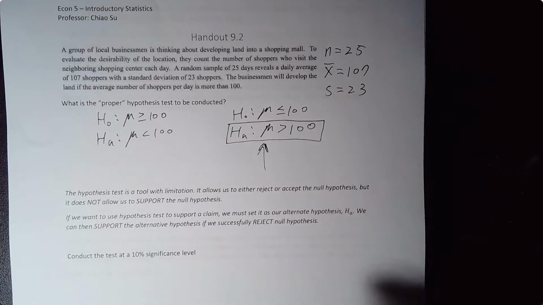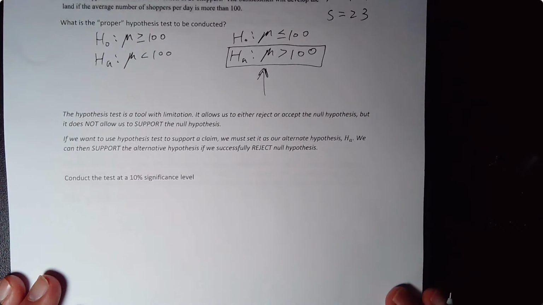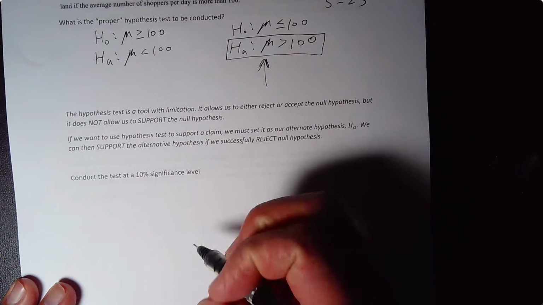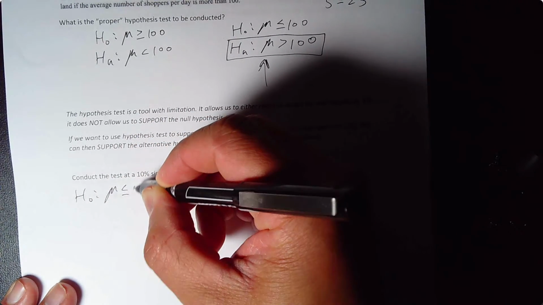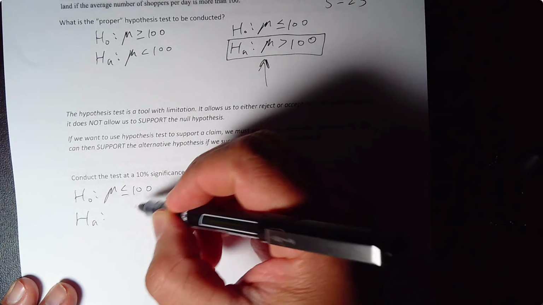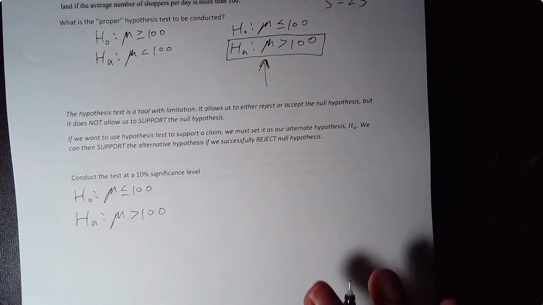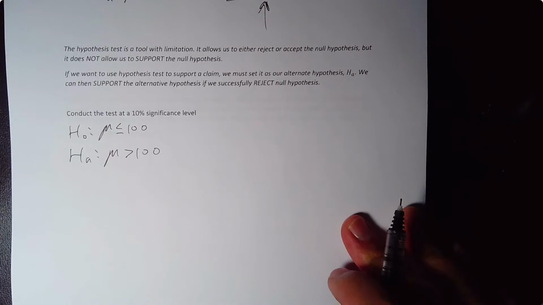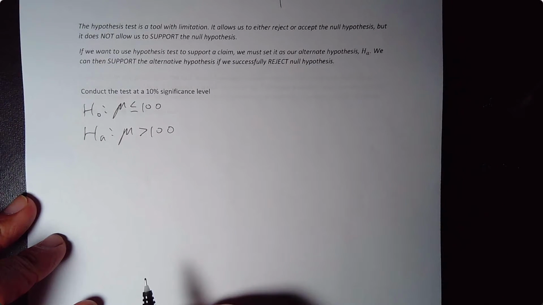Okay, all right. So let's go ahead and finish this hypothesis test. So I'm going to write it down here again. So here's the hypothesis that we would like to conduct. Okay, so again, we would like to reject the null hypothesis so that we may support the alternative hypothesis.